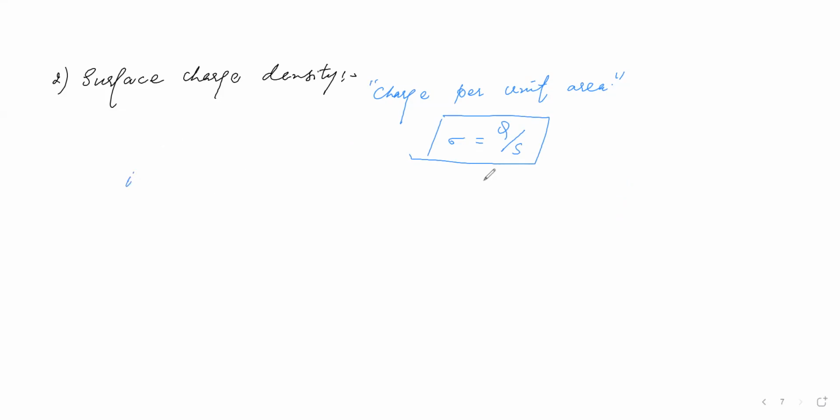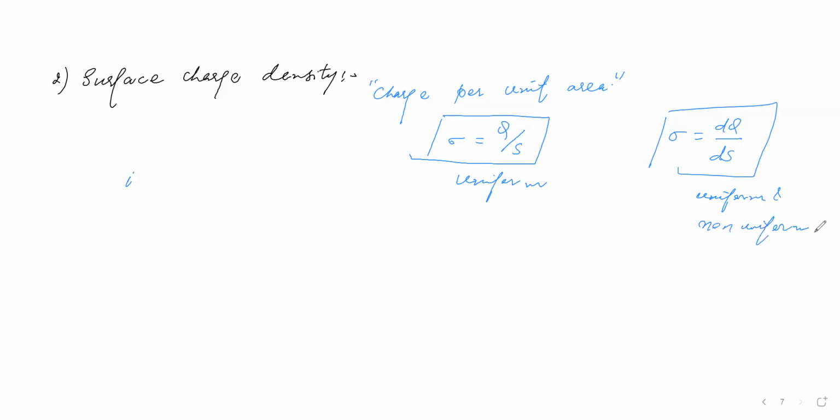You can also write sigma is equal to dq over ds. This is for uniform, and this equation can be used for uniform and non-uniform.